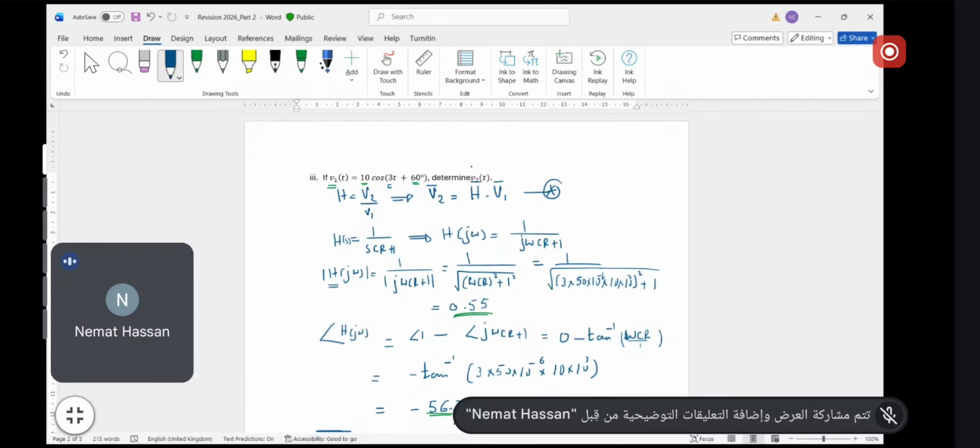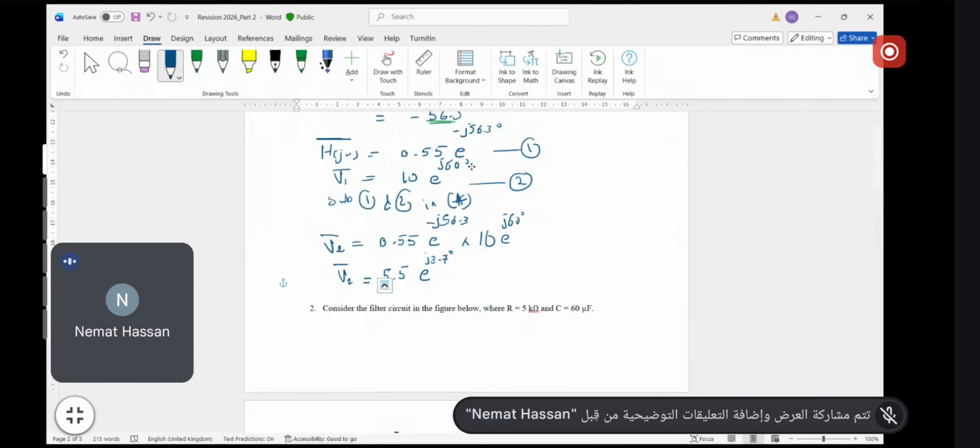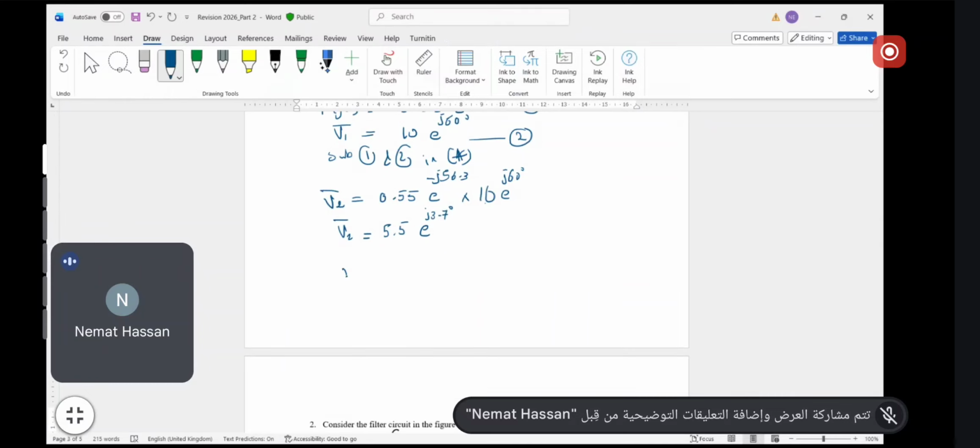So all we have to do is the opposite for the phasor. Because we already know that omega is equal to 3, therefore v2 of t will be equal to 5.5 cosine 3t plus 3.7 degrees. And that would be the answer that we need.